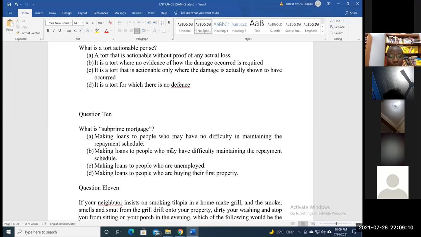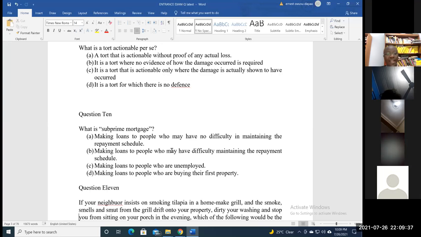That is, those who have a high risk of defaulting. That is the meaning of subprime. And if you apply it to a mortgage, the interest rate associated with a subprime mortgage is usually high to compensate lenders for taking the risk that the borrower would default on the loan.